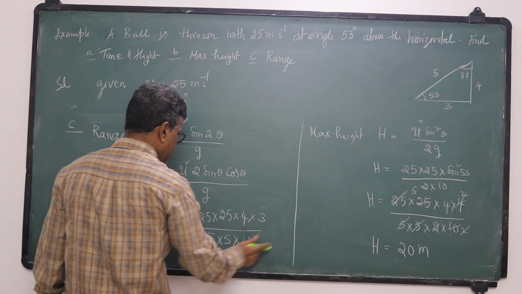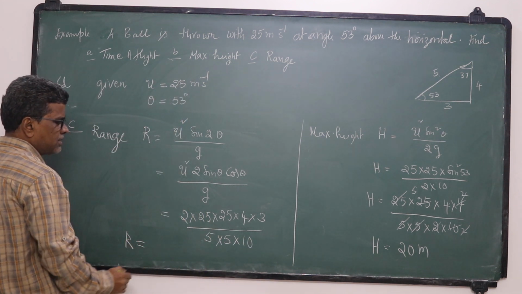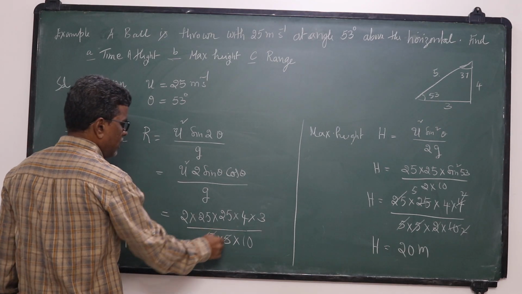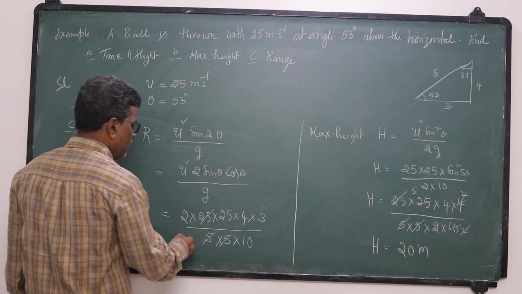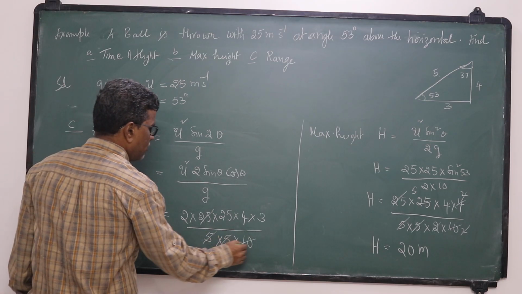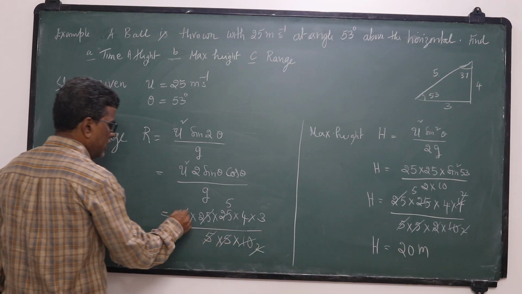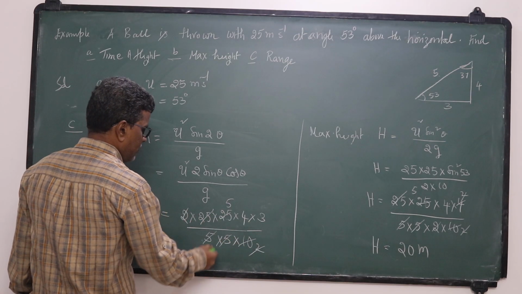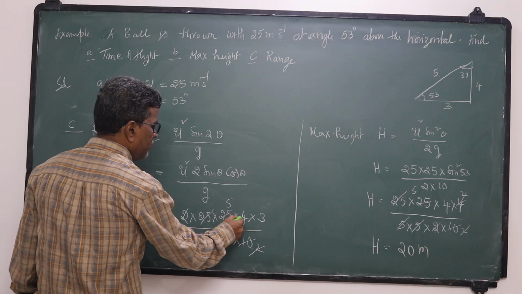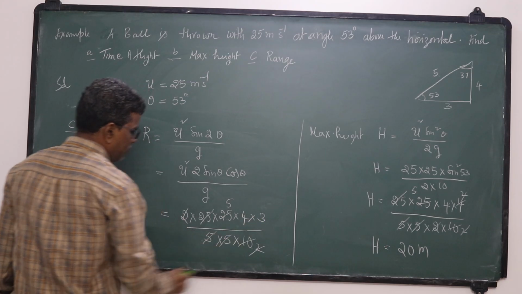So how much did you get? Range is equal to, you simplify this one, 5 into 5, 25 gets cancelled. This 2 gets cancelled. So here you got 5. 5 into 4, 20. 20 into 3, 60.